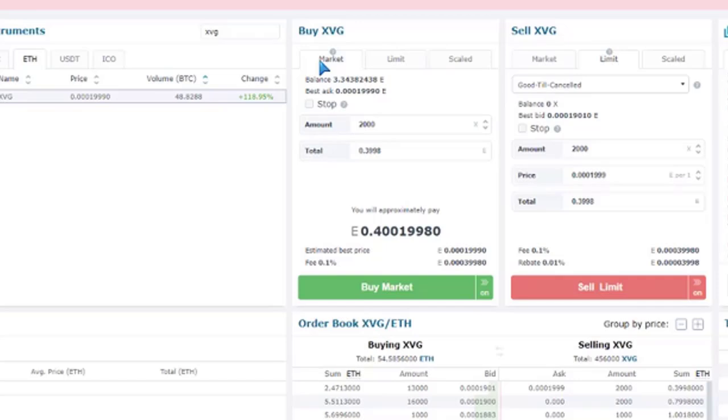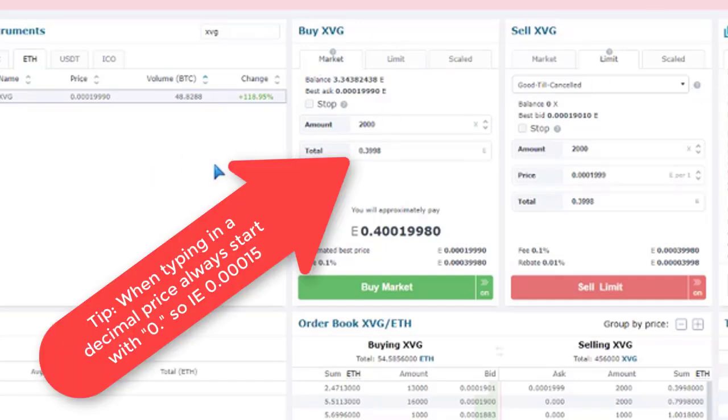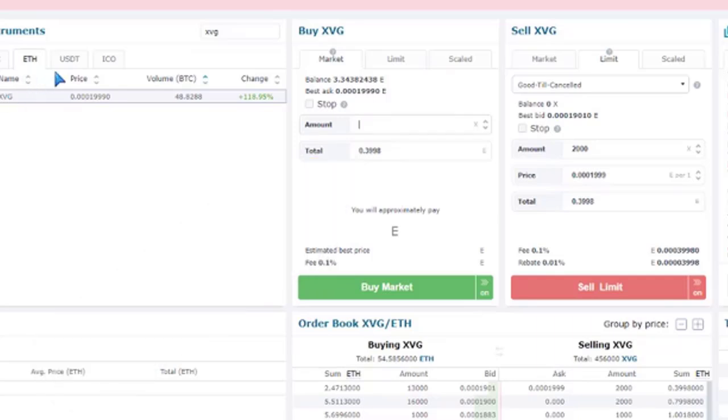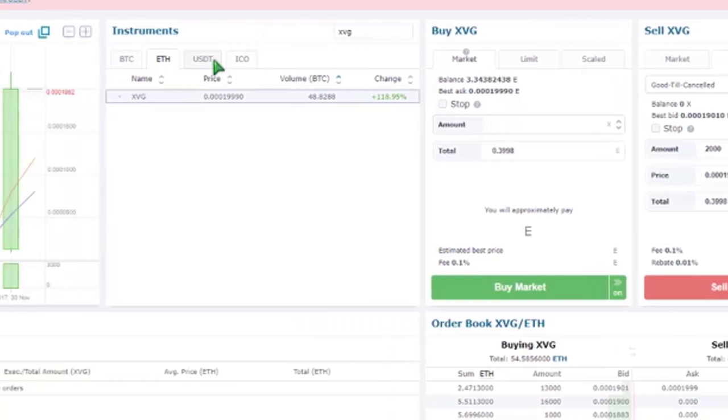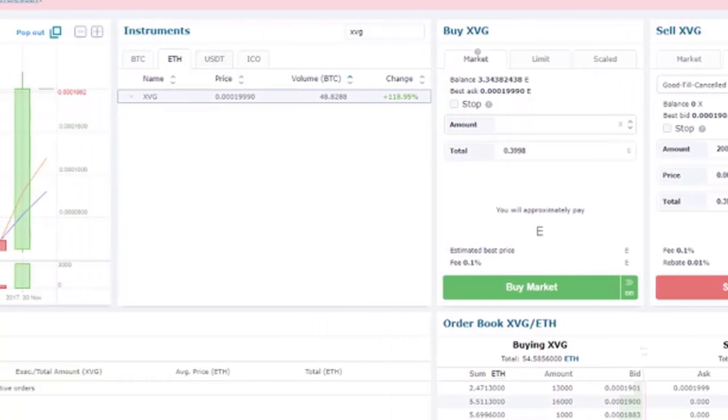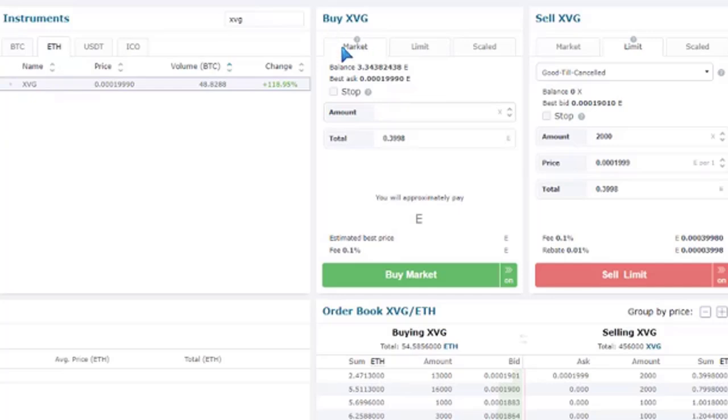Now, keep in mind, when you do a market order, it goes to the market and pays whatever price is on the table. So you want to be wary on that because you can get a bad price if you don't know what you're doing, basically, is what it comes down to. So be careful on your market orders.